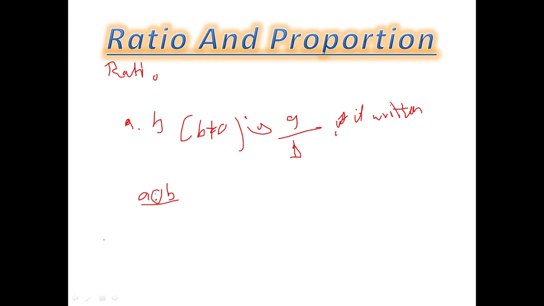In this ratio, the numbers A and B are called terms.